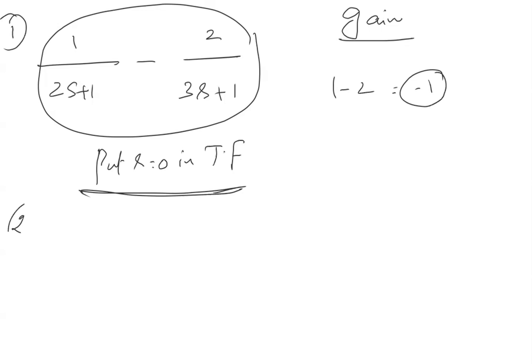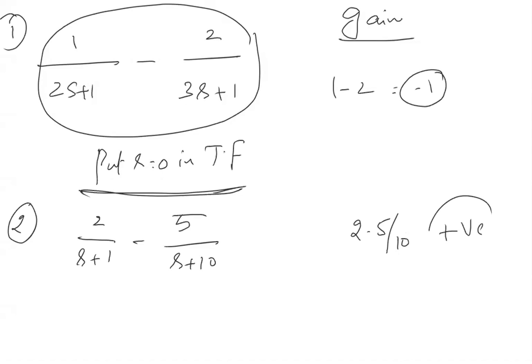So what is option 2? 2 by s plus 1 minus 5 by s plus 10. What is the gain here? 2 minus 5 by 10, so positive. So you can take out option 1, but cannot take out option 2.